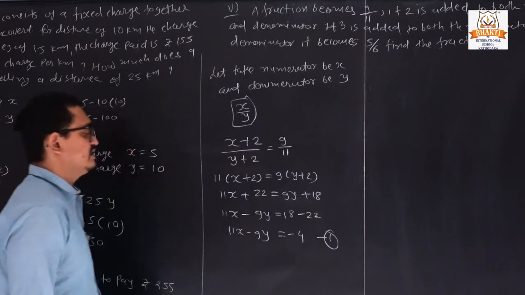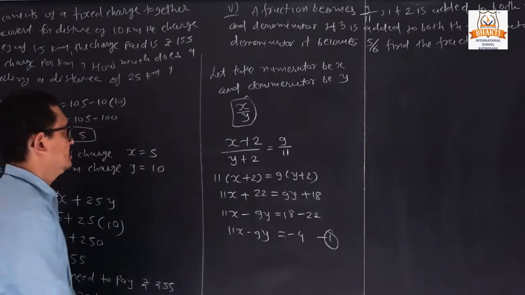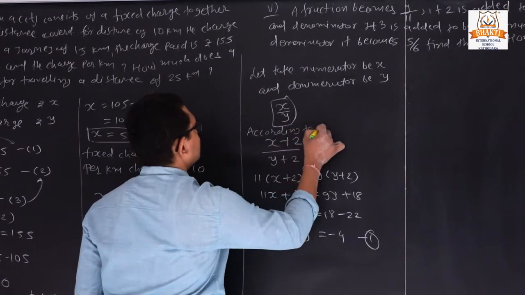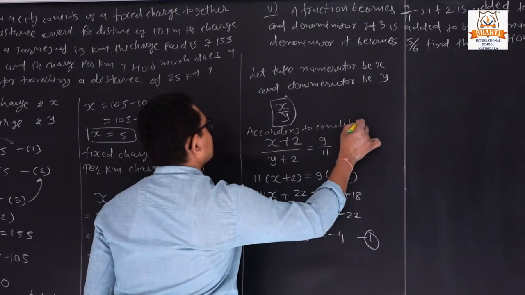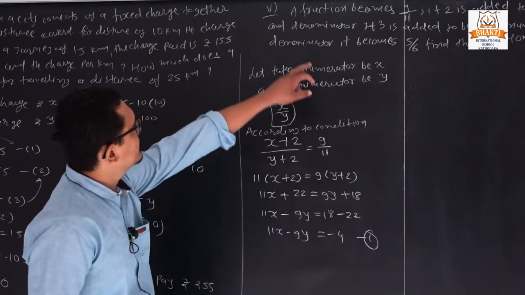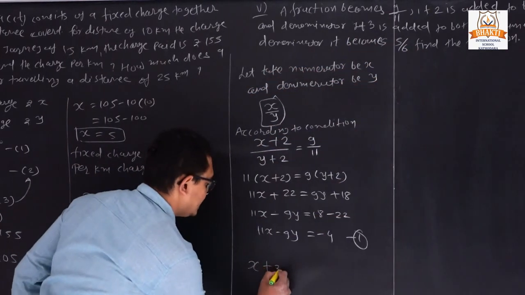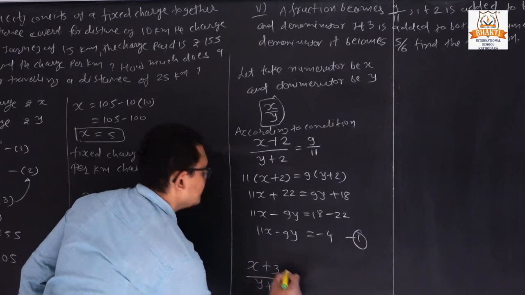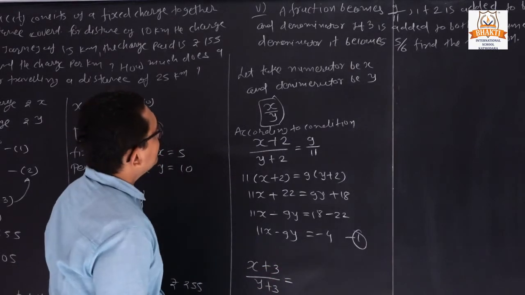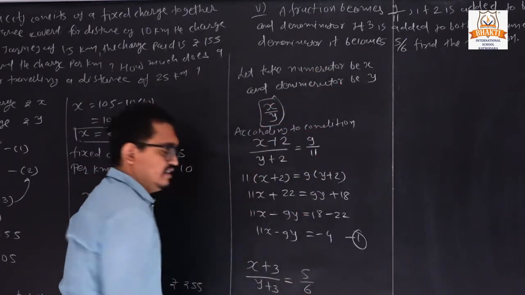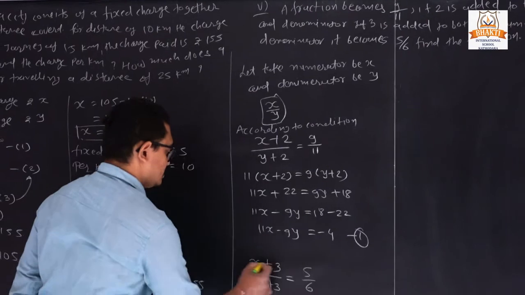We can declare it as result number first. Here we can also write like that, according to the condition. Now next, if 3 is added to both numerator and denominator, the fraction becomes 5 by 6. Now once again cross multiplication.